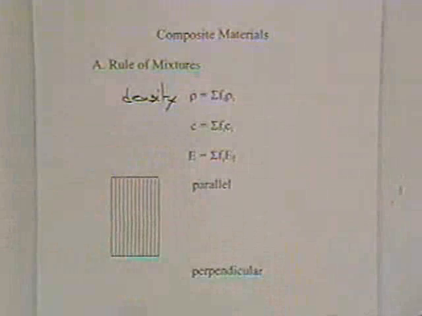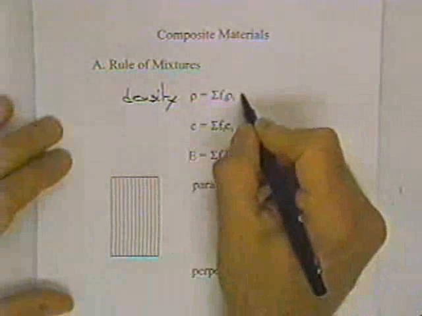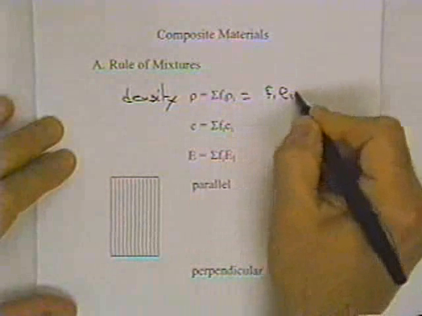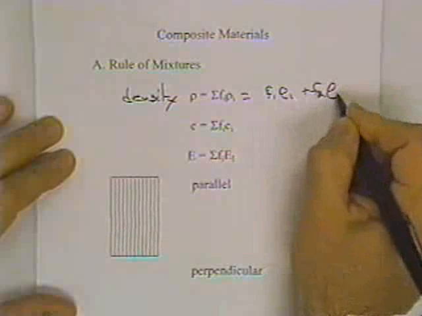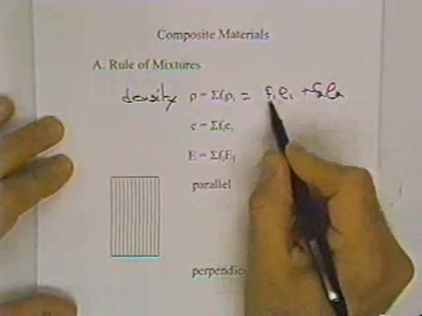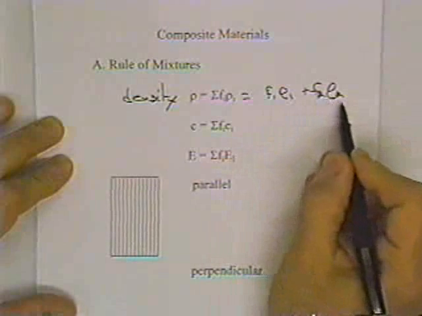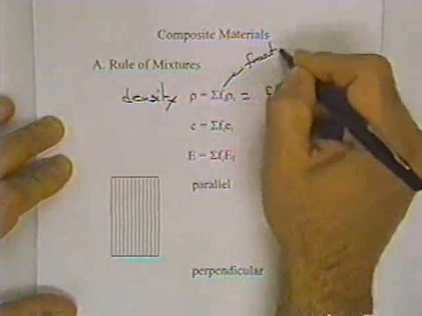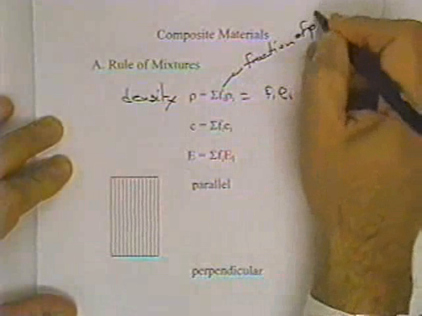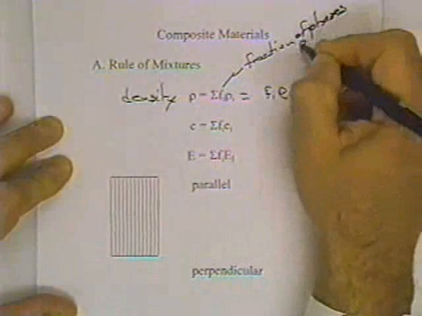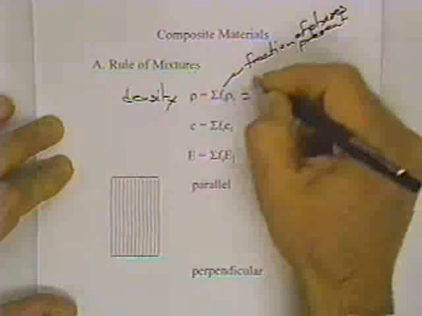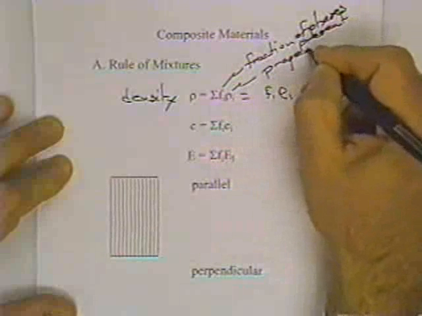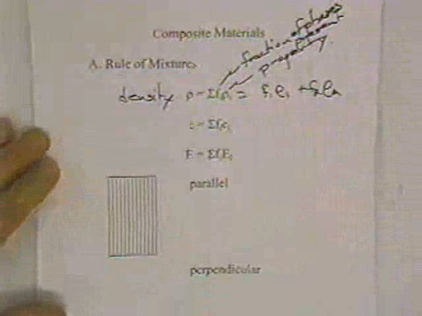If we have two phases that aren't dissolvable in each other, then it would be F1 rho 1 plus F2 rho 2, where the F i are the fraction of the phases present, and rho i is the property of the phase that's present.